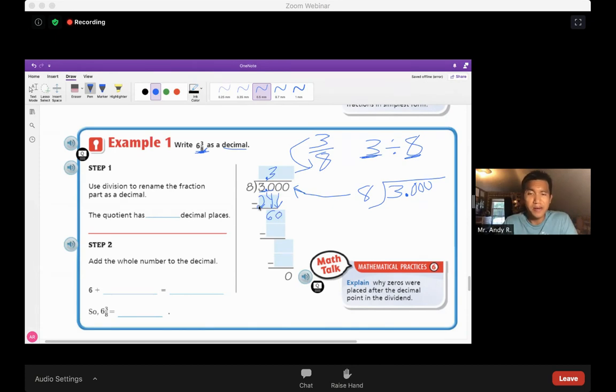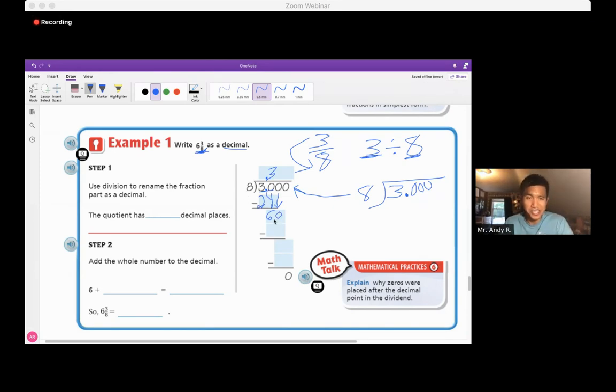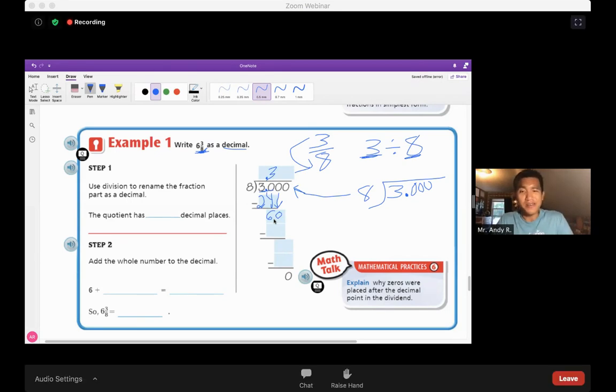How many times can 8 go into 60? It's a little hard to do in your head, but you can do it the opposite way. Remember, multiplying is the opposite of dividing. 8 times 5 is 40. 8 times 6 is 48. 8 times 7 is 56.